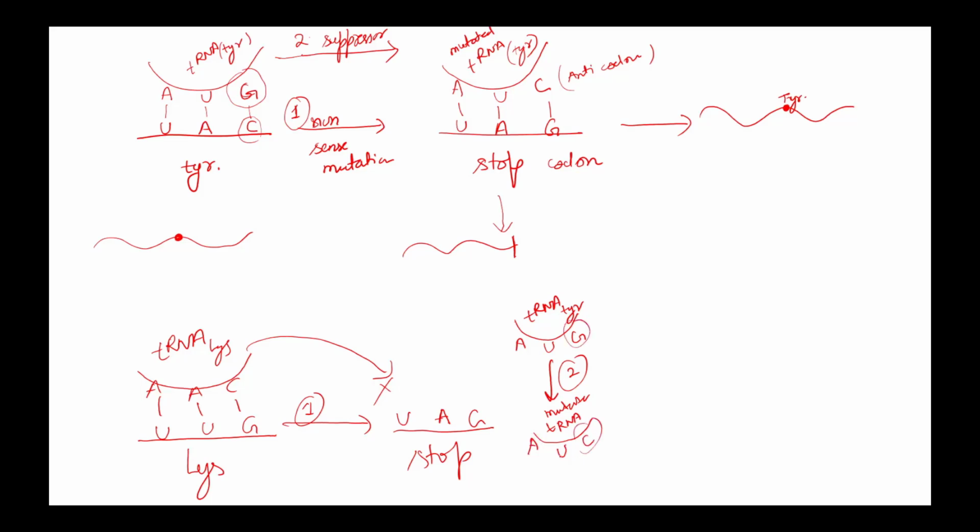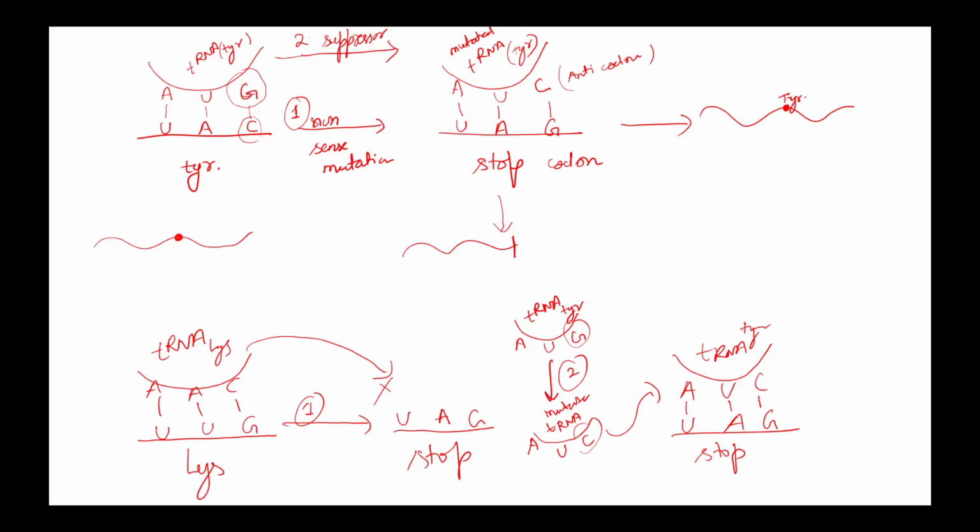So now this can recognize this sequence and work as the anticodon. So this stop codon is being recognized by this mutated tRNA of tyrosine, AUC.